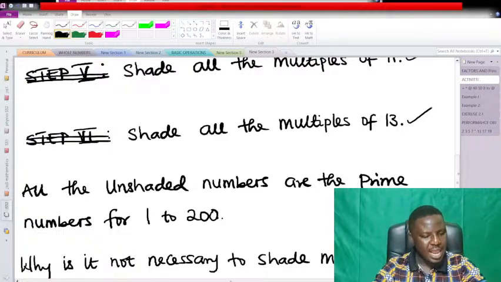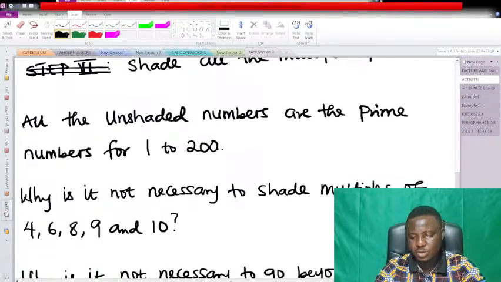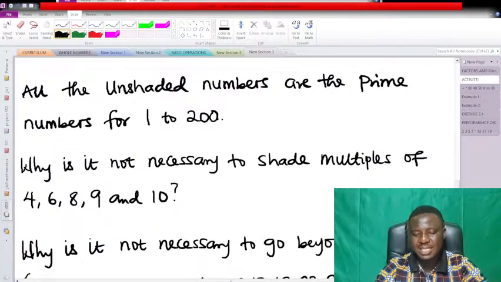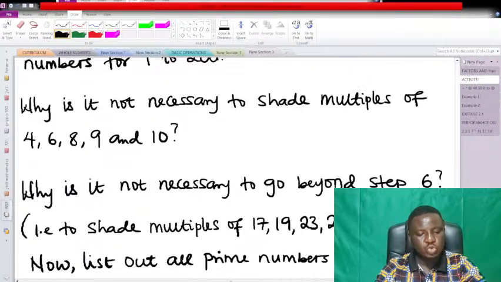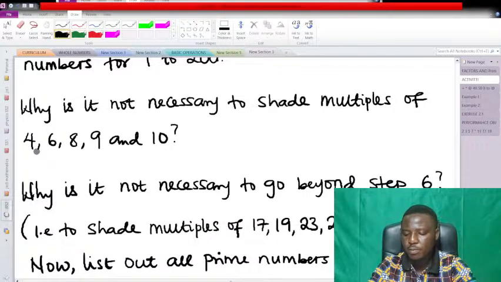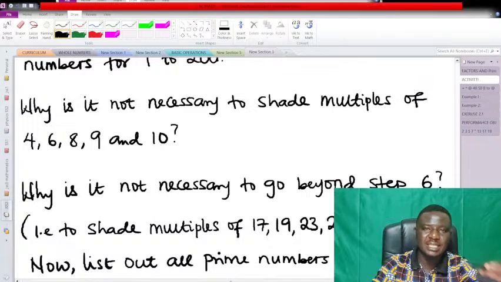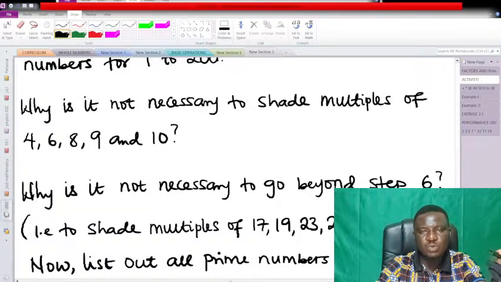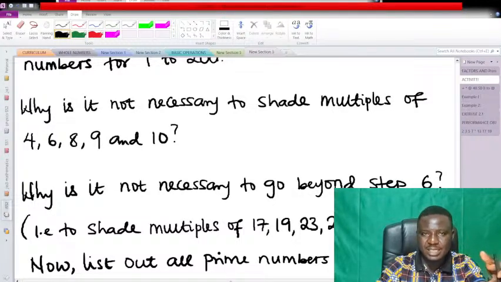So I now ask this question: why is it not necessary to shade the multiples of 4, 6, 8, 9, and 10? Why must it be multiples of 2, 3, 5, 7, 11, and 13?